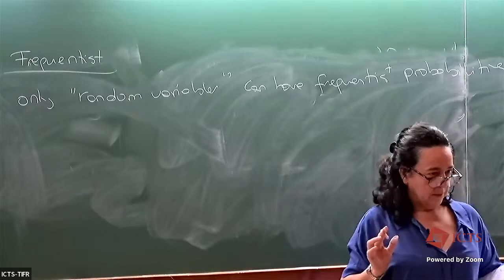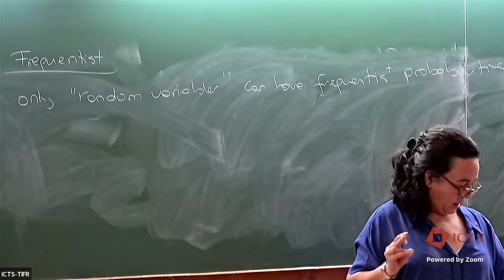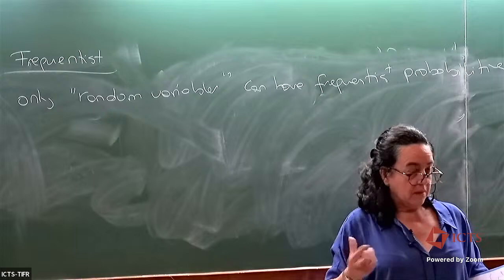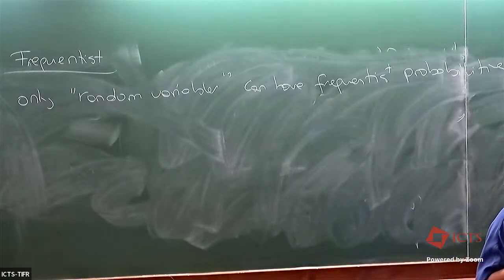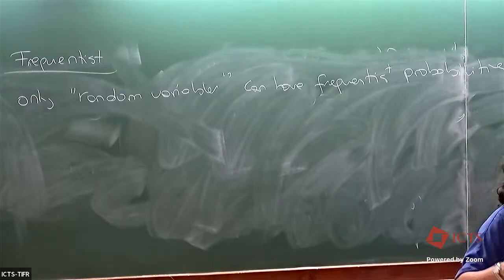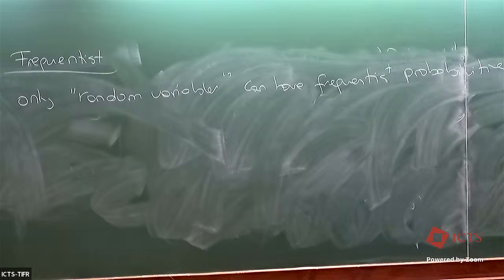So basically, the measurement of the mass is a random variable, but the mass itself is not. So as a frequentist, if I have here a scale, it can only tell me about what is the probability that the scale gives a certain number when I step on it, not about how massive I am.